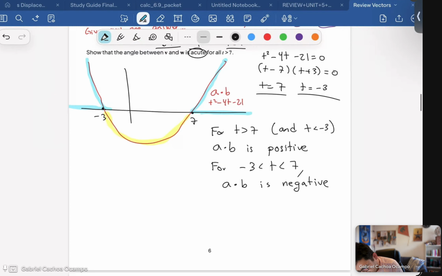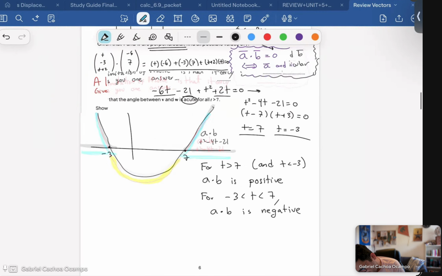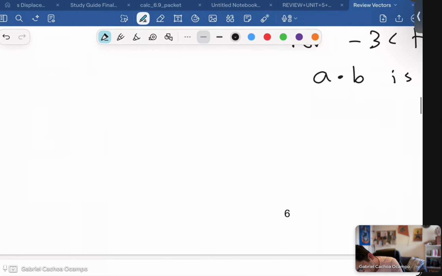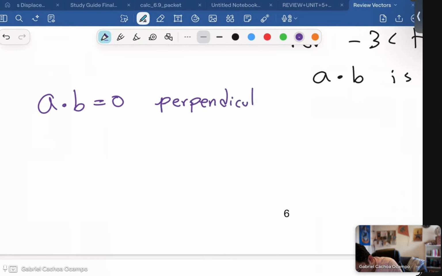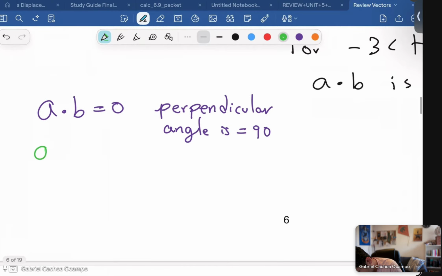Okay, let me tell you something. In this note, I am telling you, if the dot product is 0, I know that the angle between them is a right angle, no? They are perpendicular, the angle is equal to 90. What happens if A dot B is smaller than 0?